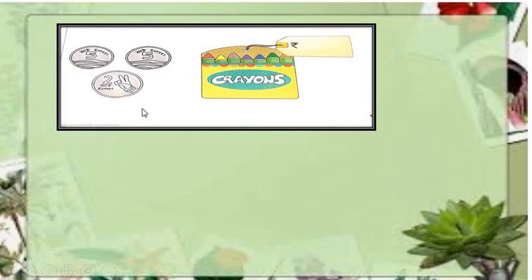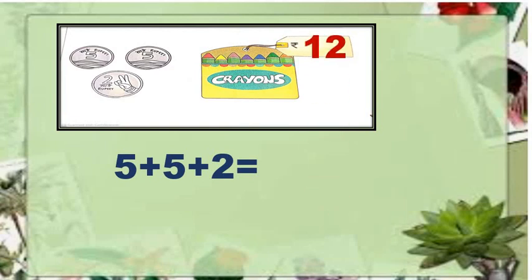Let's find out the total value. 5 plus 5 plus 2. 5 plus 5, 10. 10 plus 2, 12. Write the amount on the tag. We can say that the cost or price of these crayons is 12 rupees.